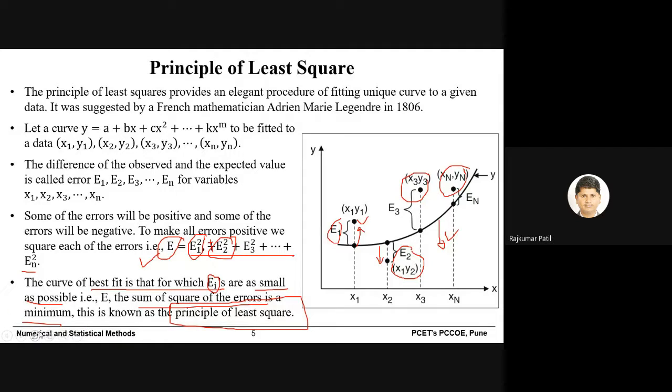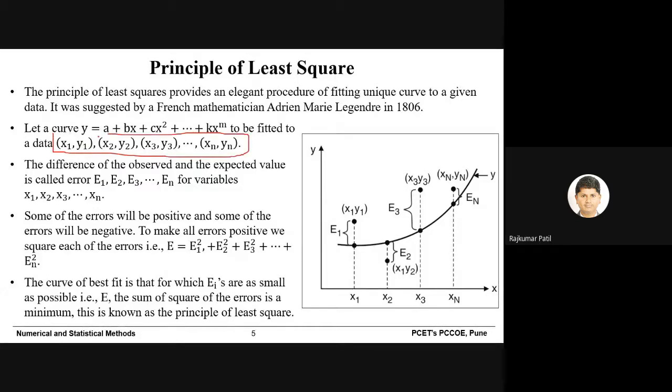So in brief, I will take a review of this concept, principle of least square. What we do, we have data points x1, y1, x2, y2, and so on. We plot these points on the graph paper. So you can see x1, y1, x2, and so on.